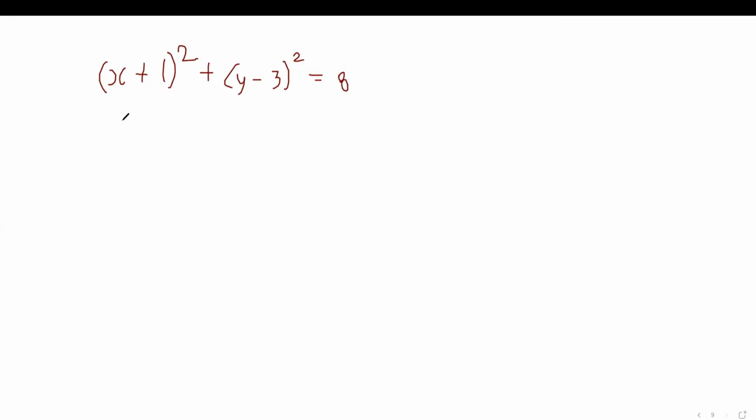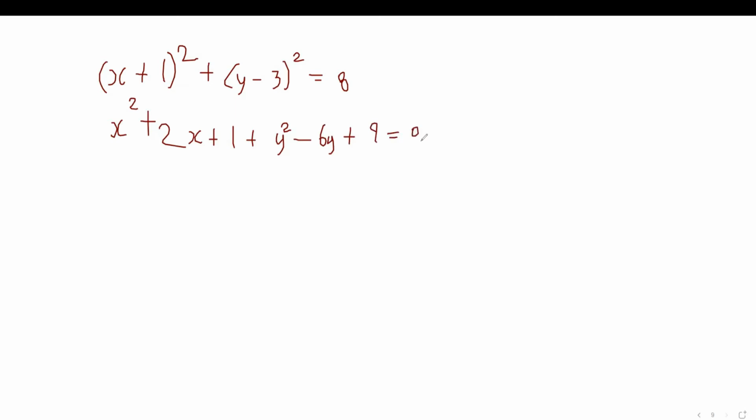Then we expand it. First term squared plus twice the product of the two plus second term squared. Then we expand y: first term squared minus twice the product of the two plus second term squared, and that's equal to 8.